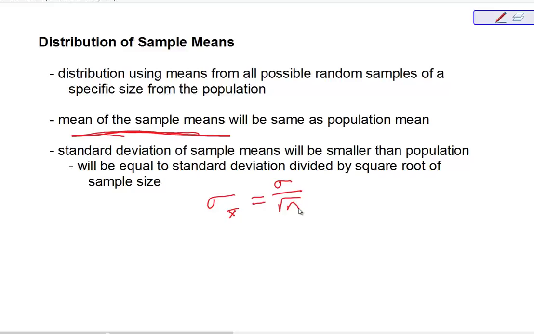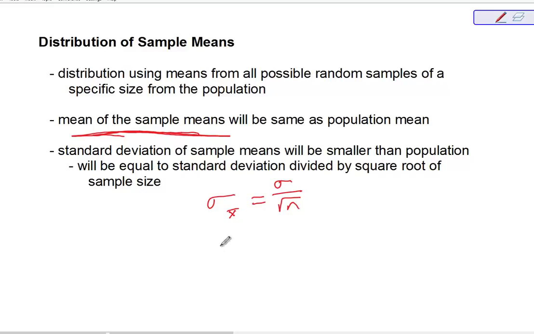And this is what we're going to be using instead of just the standard deviation, because we're looking at multiple samples instead of just taking one person or two people. We're taking multiple random samples and getting a more accurate description of our data. We use the same type of z-score.